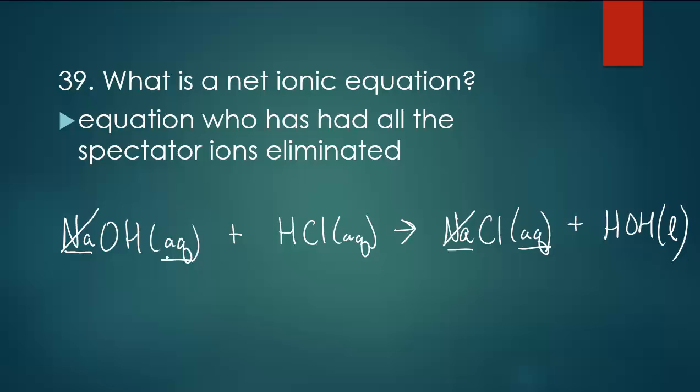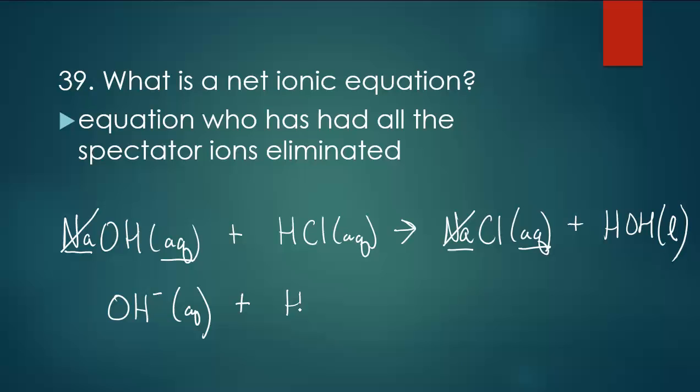OH, aqueous. OH, liquid. Did it undergo a change? Yes. So you leave it alone, but you have to include the charge. What is the charge on OH? -1. Thank you. H, aqueous. H, liquid.